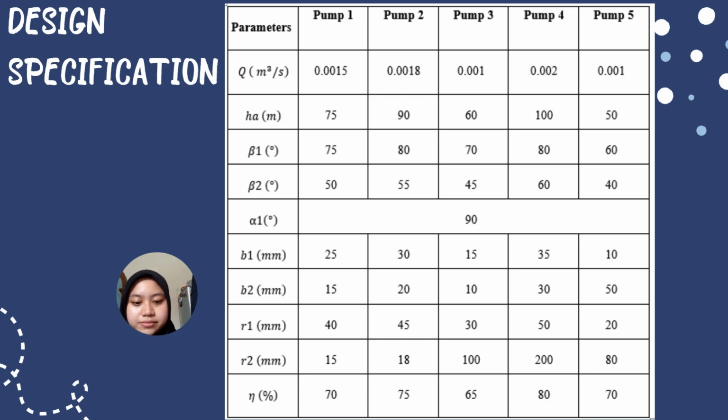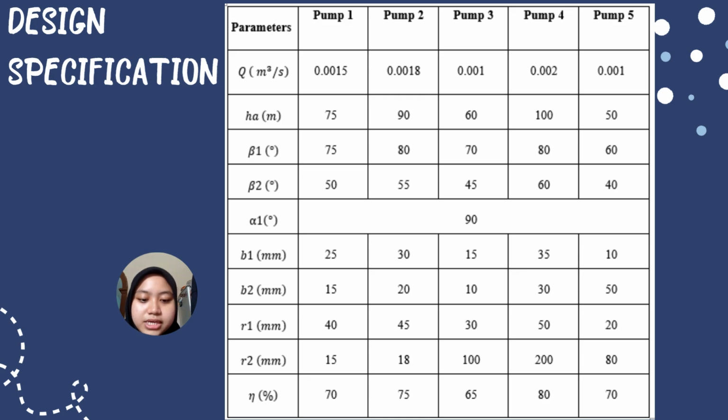For pump 3, we have 1, 60, 70, 45, 90, 50, 10, 30, 100, and 65.